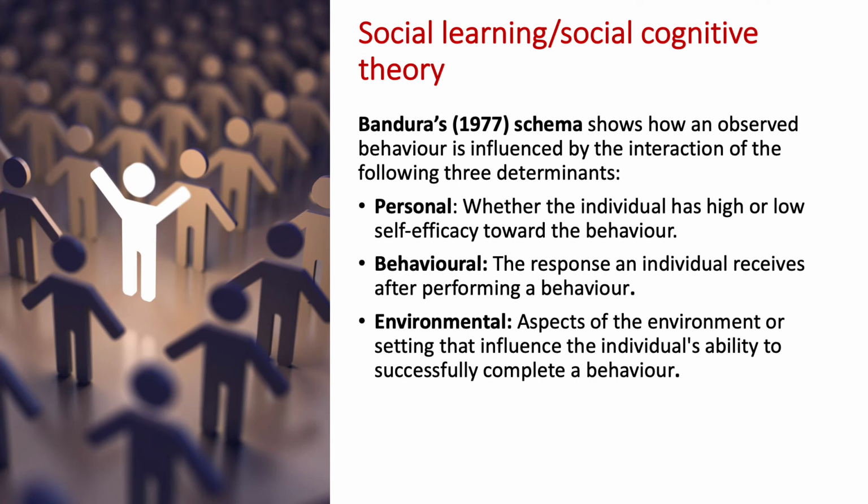So a number of different activities today draw on social learning theory or social cognitive theory, which is associated with Bandura. And Bandura showed that behaviour, which we can observe in individuals, is influenced by three factors. Personal factors, which are things like whether that individual has a high or low sense of self-efficacy towards a particular behaviour, which I'll talk about in a moment.